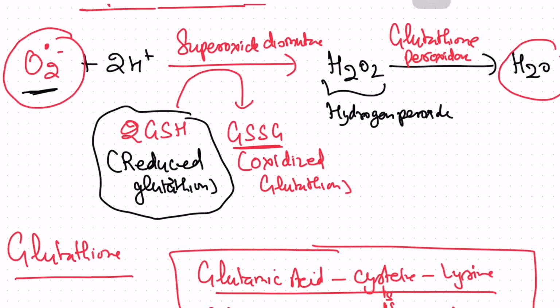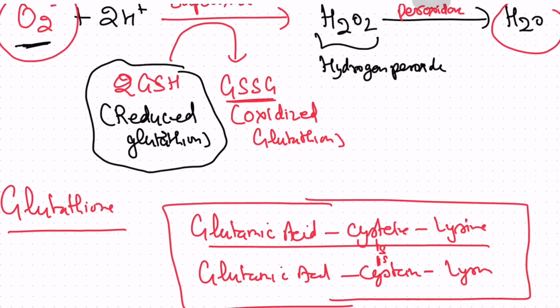Now here you can see in this reaction there is a requirement. What is the requirement? There must be the presence of reduced glutathione. Now, if within the cell there is less reduced glutathione, this reaction can't proceed. So there is a requirement of reduced glutathione.